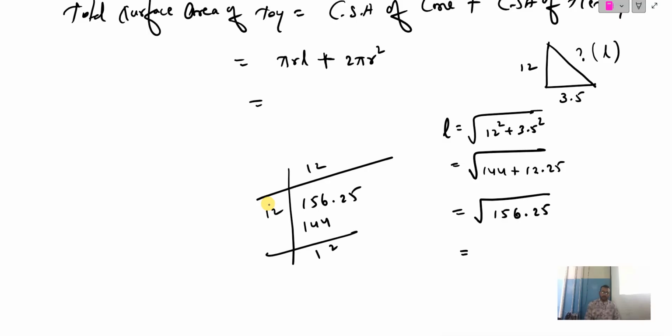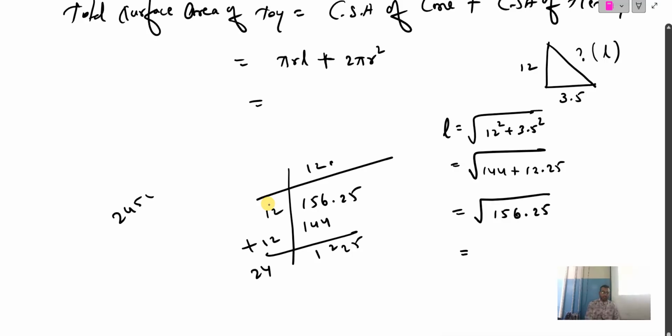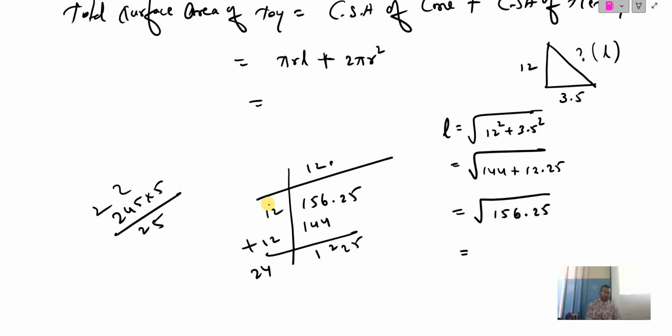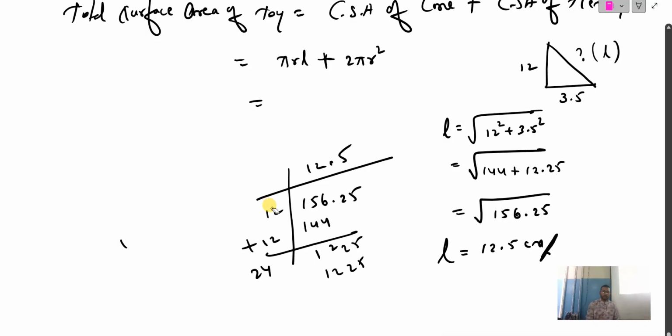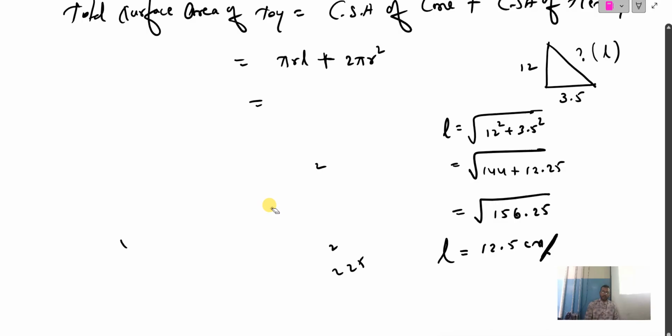Pi is 22 by 7, r is radius 3.5 into l, 12.5 plus 2 into 3.5, close the bracket. 7 ones are 7, 5 sevens are 35. So 22 into 0.5 into 12.5 plus 2 into 3.5 is 7, so 19.5.